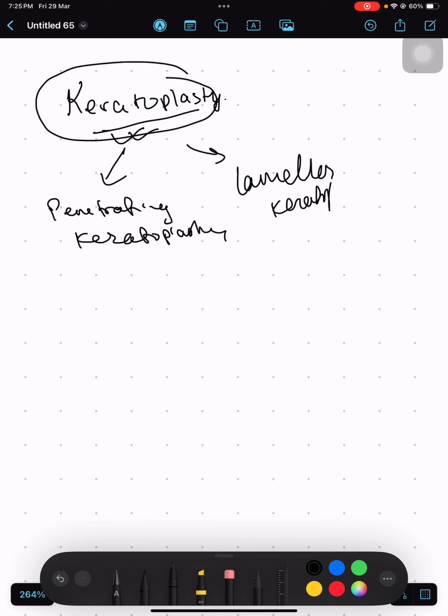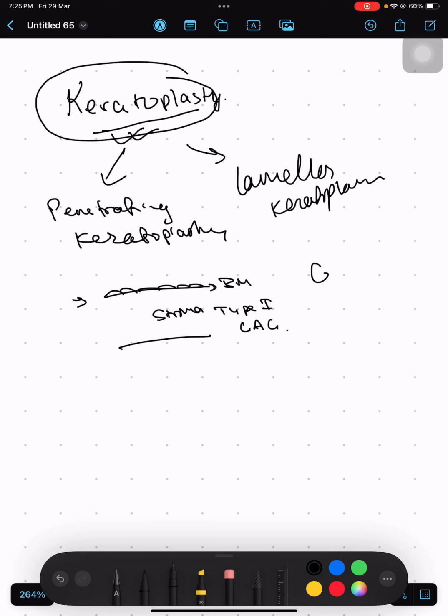Normally if you look into the layers of the cornea, the cornea consists of the outer epithelial layer. Then this is basically the Bowman's membrane, and then you have the stroma. The stroma consists of type 1 collagen fibers and glycosaminoglycans, which gives a perfect contour, because of which there is corneal transparency, as I already discussed in cornea 1.